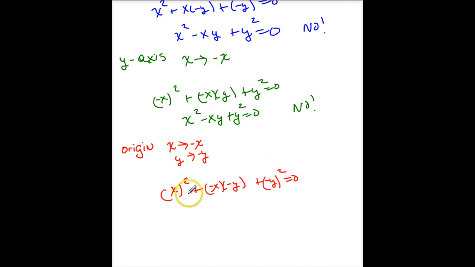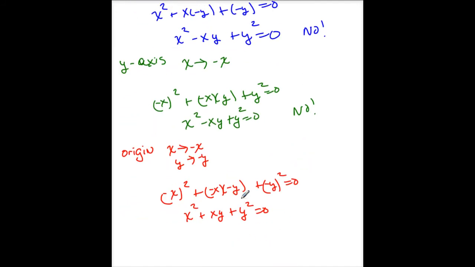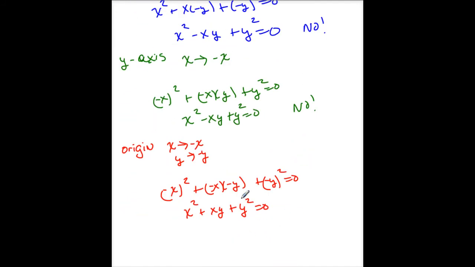Does that equal 0? Let's see. So I get x squared plus xy plus y squared equal to 0. Now let me look back up here. That is exactly my original function. So this is symmetric with respect to the origin.